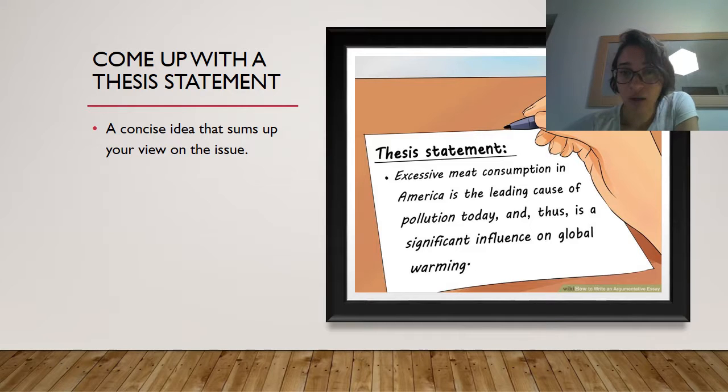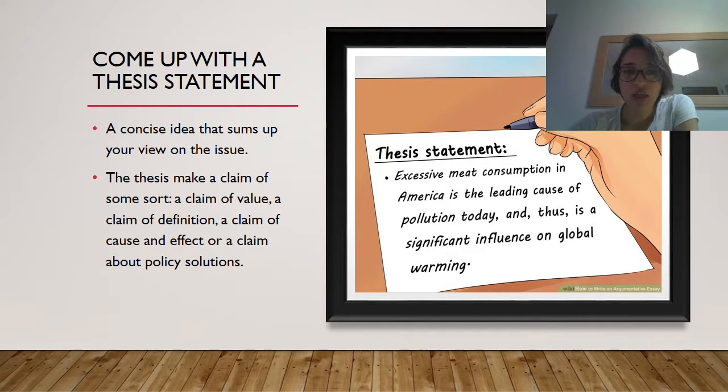So the issue here in this case is about meat consumption in the US, and you see that it has a claim. Thesis statements, they make a claim of some sort. A claim of value, a claim of definition, a claim of cause and effect, or a claim about policy solutions. As you see, this thesis statement about meat consumption is on cause and effect.